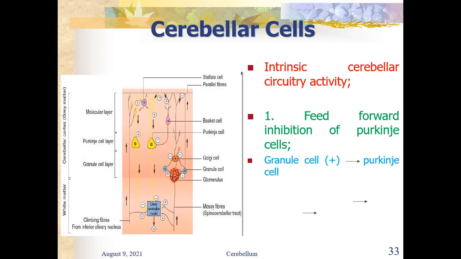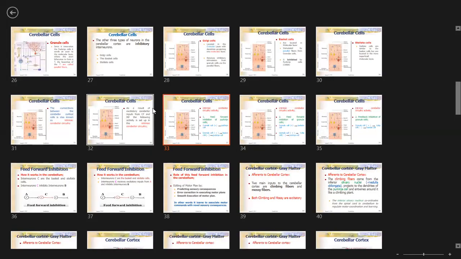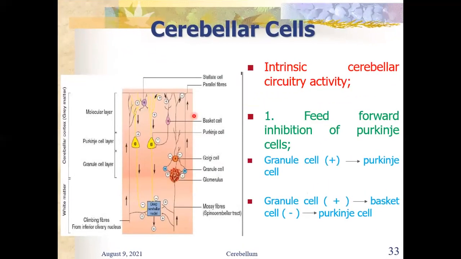So for example, we have a feed-forward inhibition of Purkinje cells. Remember, the granule cells are excitatory. So we have the granule cells feeding to the Purkinje cells, okay? With the long T axons, we have the granule cells here feeding into the Purkinje cell.